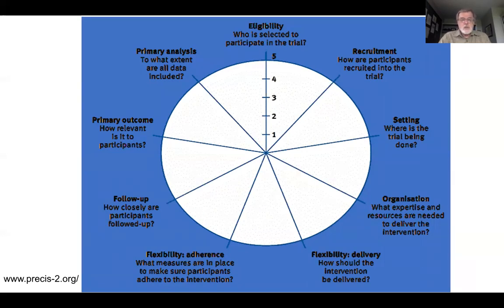But it also has issues to do in particular, like at the bottom, in terms of the flexibility of the design that you have. And the flexibility of the design has to do with who is selected to do it and how much, if you will, control or how protocolized this is.